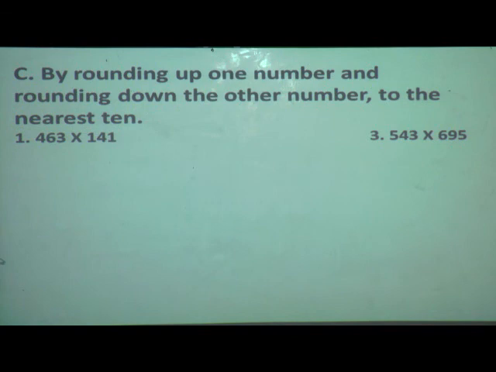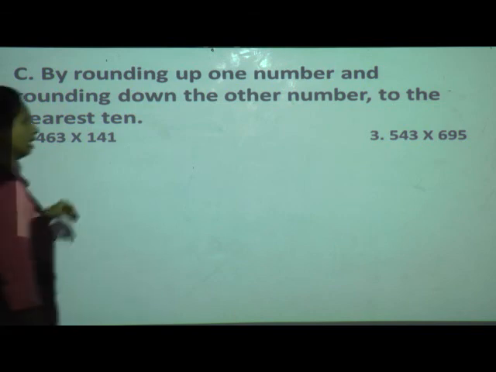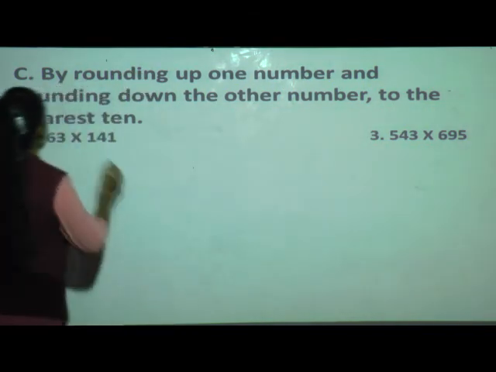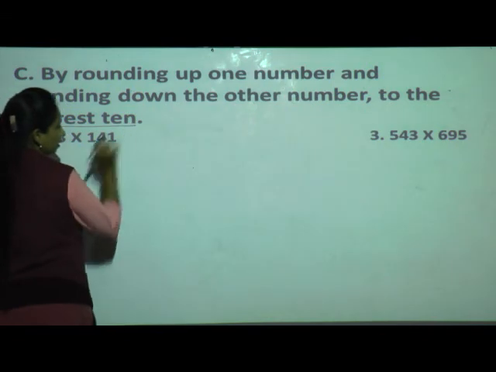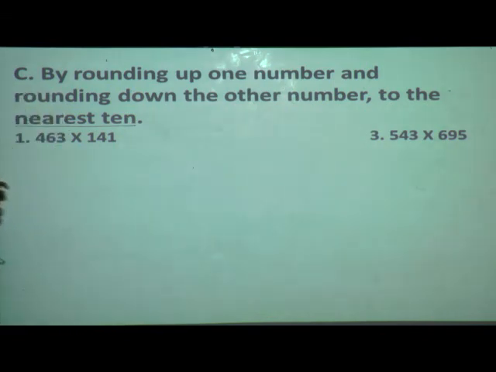In that we have done to find out the nearest actual number. If we don't get nearest actual number, in that case what are we supposed to do? We should take one number up and we should take one number down. Okay, they are given this, but nearest tens only. Question is nearest tens, very very important.